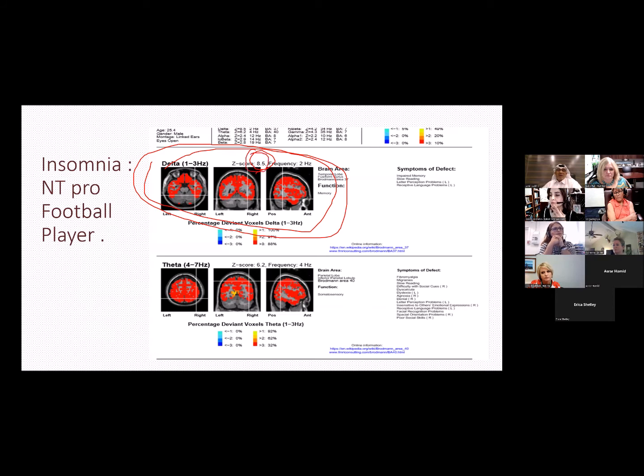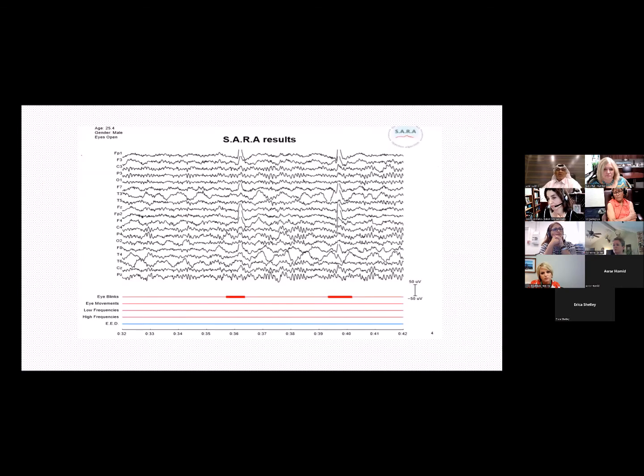This is a very high level of hyperactivation, and the memory will be affected badly at this level, and theta as well, 6.2. Now, this player was struggling to pay attention in the field, and the national team coach said he doesn't want him in his team. So he was about to kick him out.